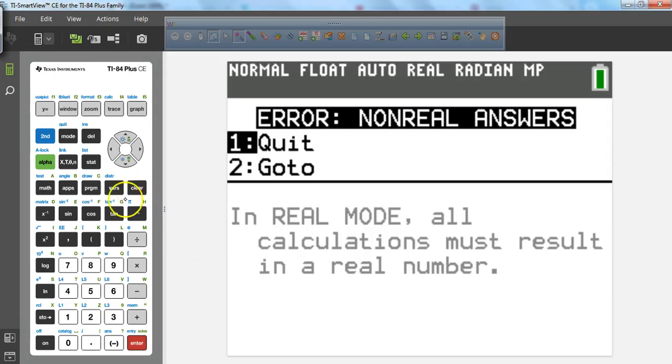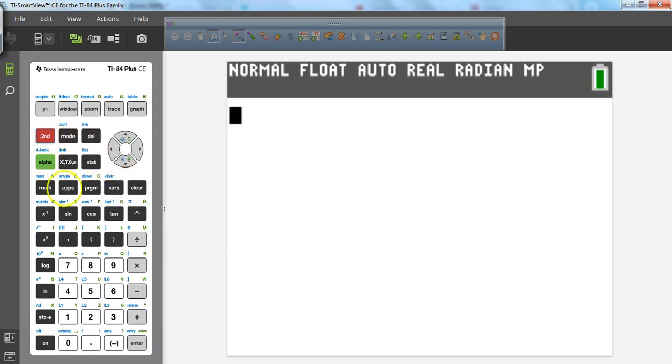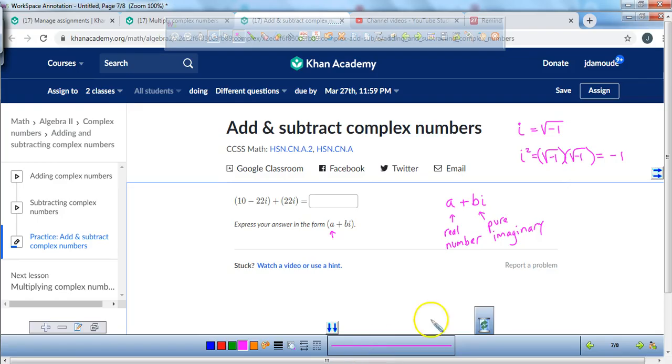Once again, remember, if I say radical 3 times radical 3, that gives us radical 9, but the square root of 9 is just 3. So a radical times another radical will give us the number that's inside of the radical. Just a quick little review.